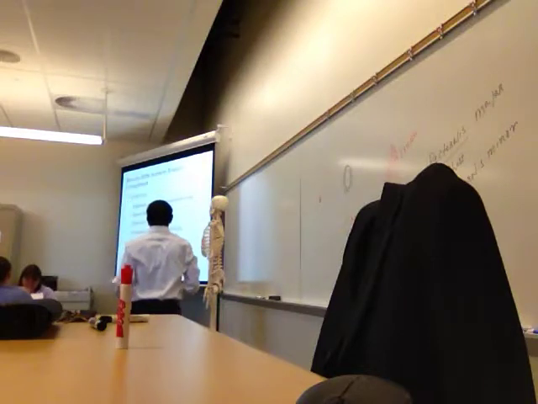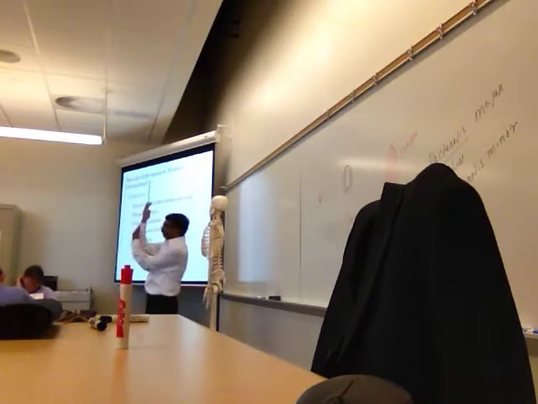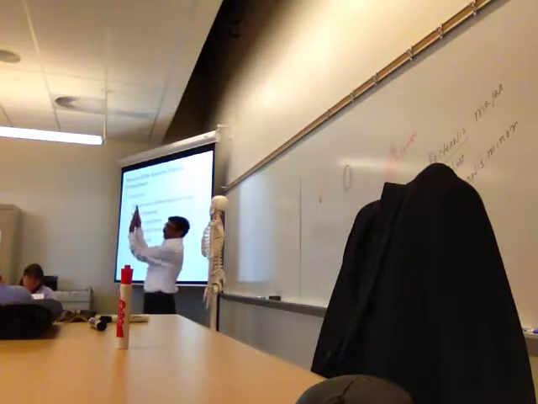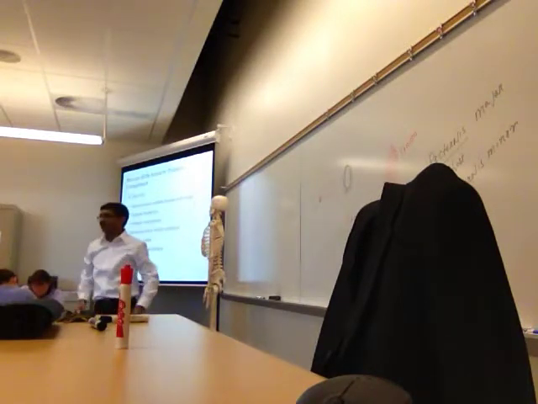Extensor carpi ulnaris in the ulnar side, in the back. Extensor digitorum will get attached to the digits but from the back like this and will cause the extension. So those are getting attached to the back, they will cause the extension. Will pull like this, will cause the extension. Okay.